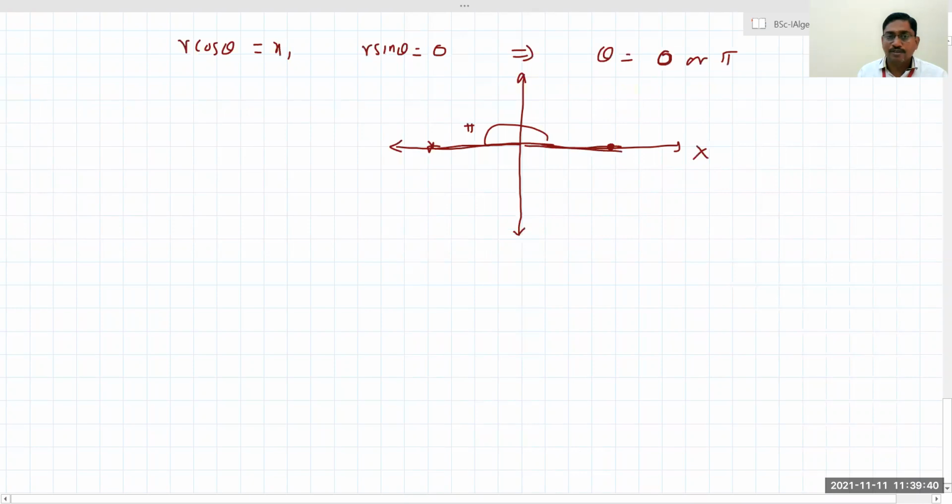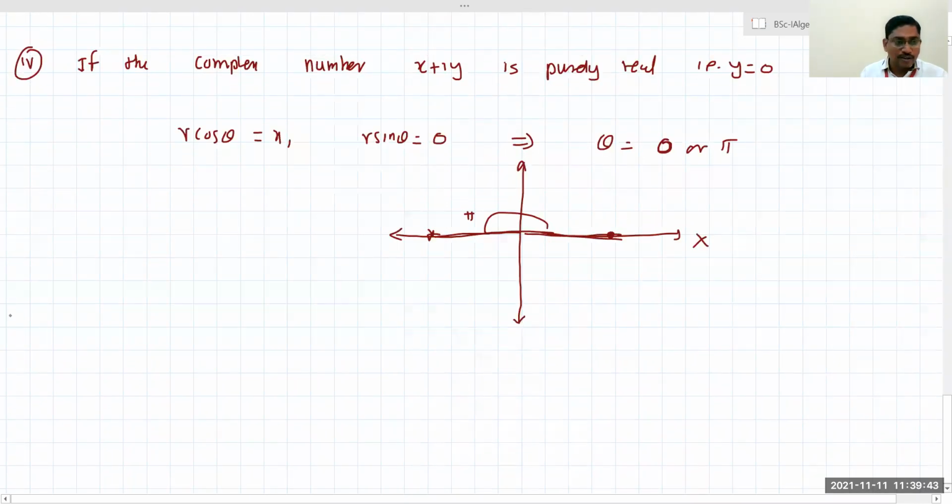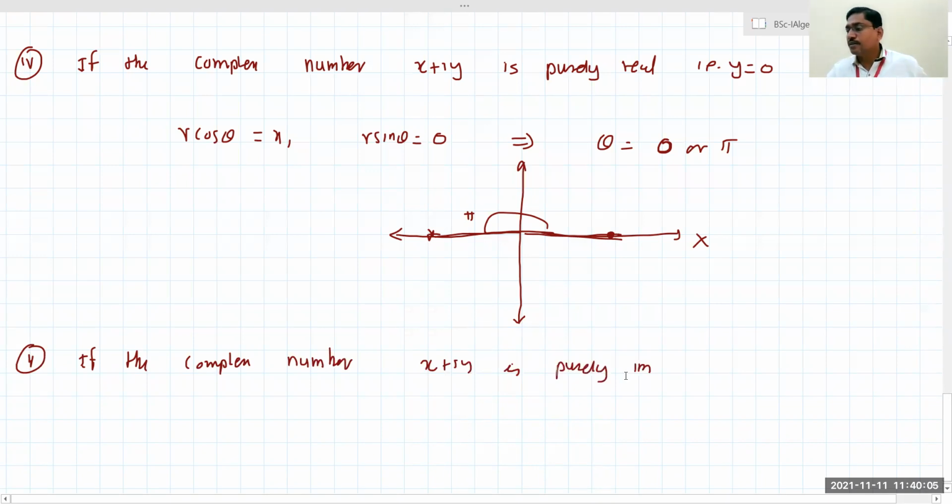What about purely imaginary? If the complex number x plus iy is purely imaginary, what do you mean by purely imaginary?